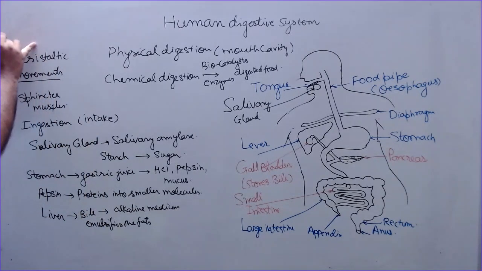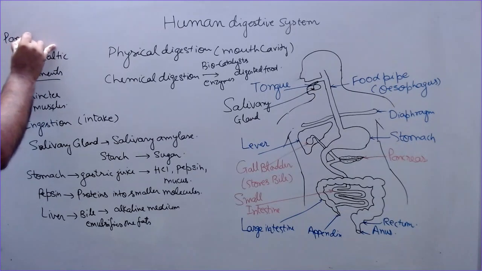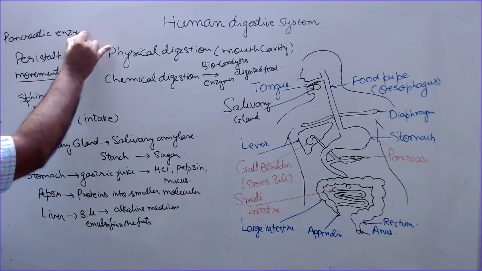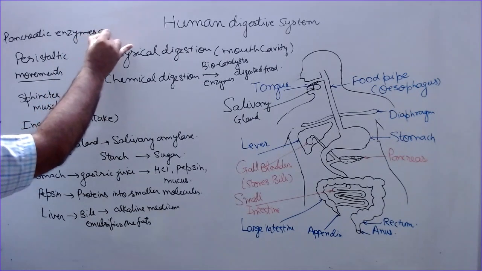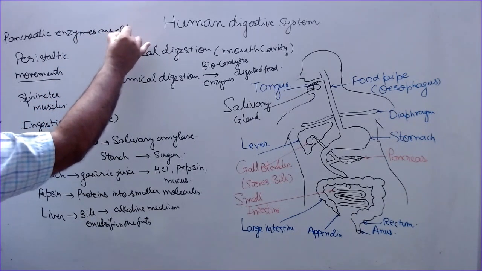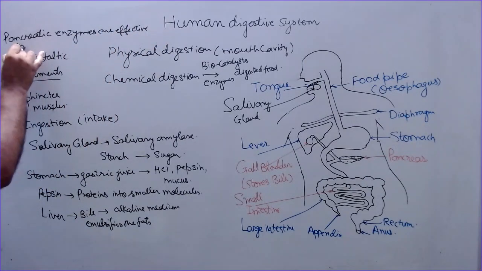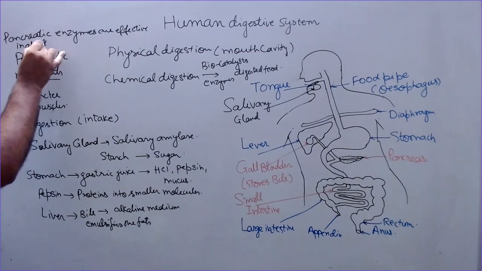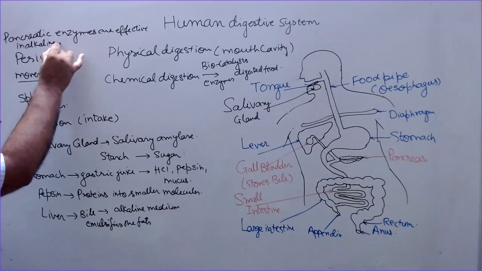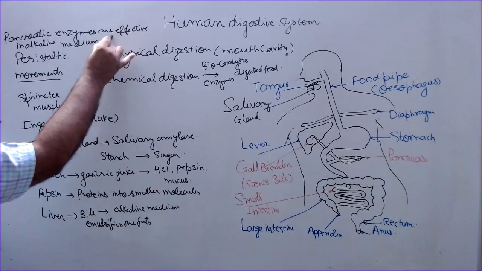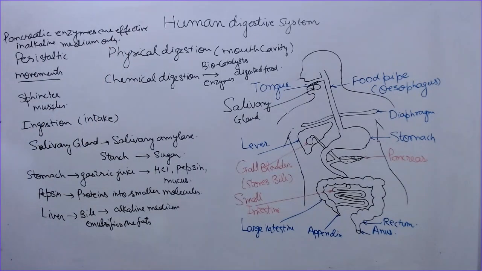Let me write here: they are effective in alkaline medium only. So bile makes the medium alkaline. This is the first function of the bile.